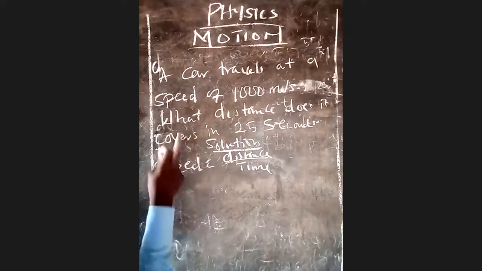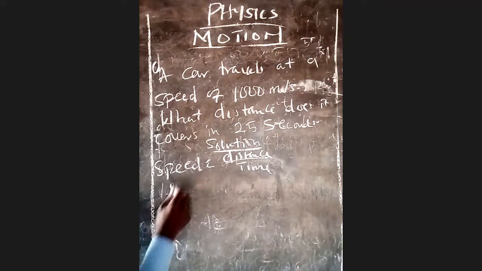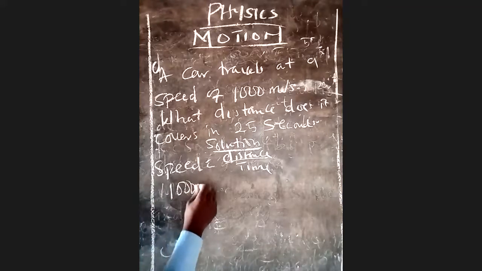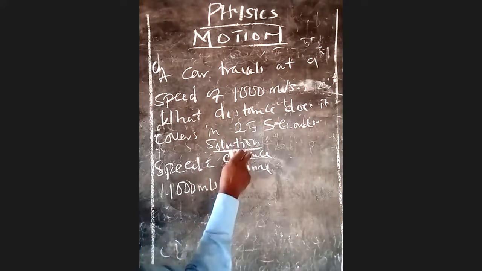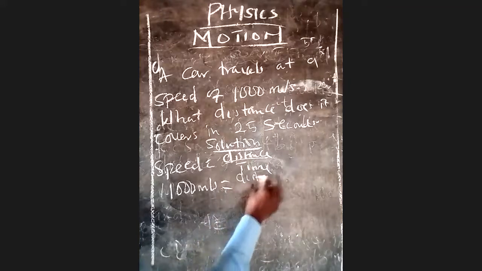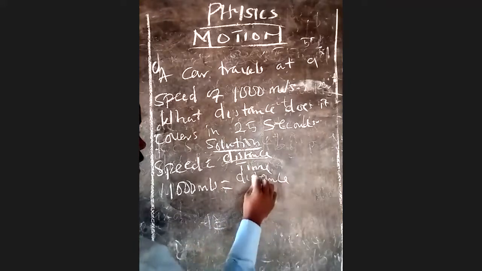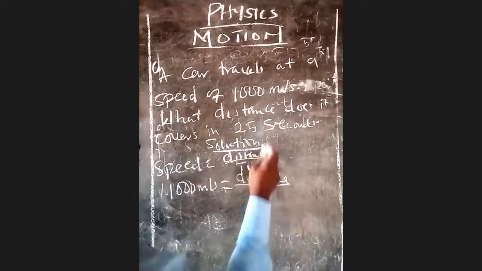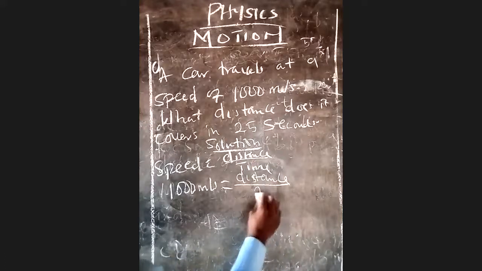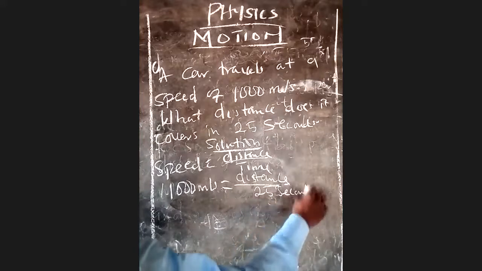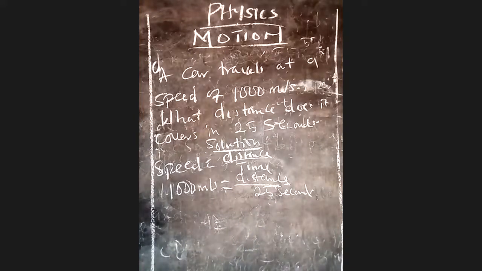So our speed is 1,000 meters per second, equal to distance, which is not given, all over time. Our time is 25 seconds. Now this will be like something all over 1,000 meters per second over 1. So we can now do cross multiplication.